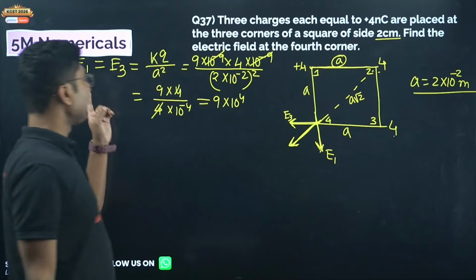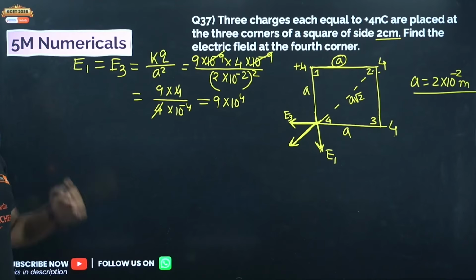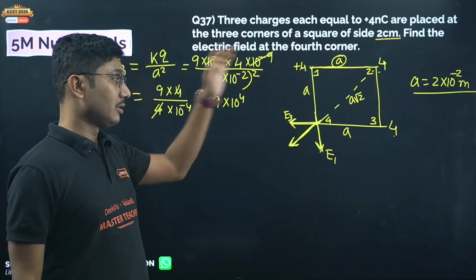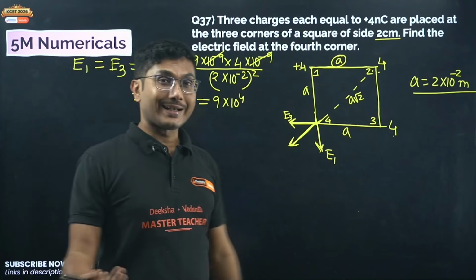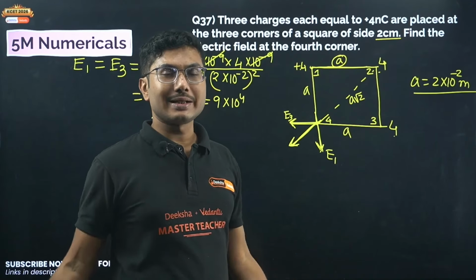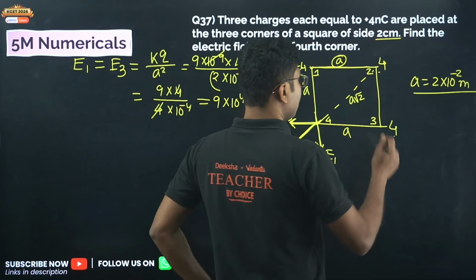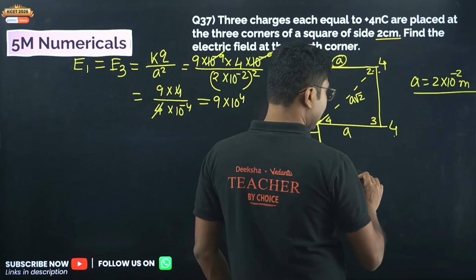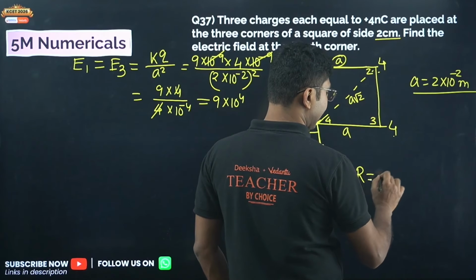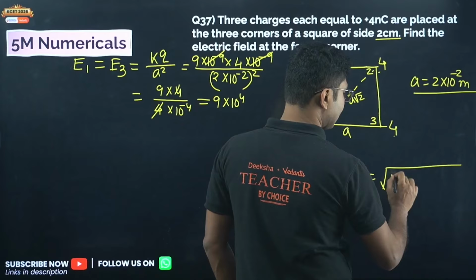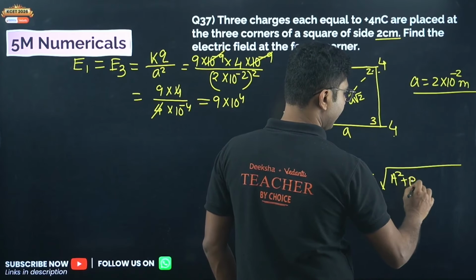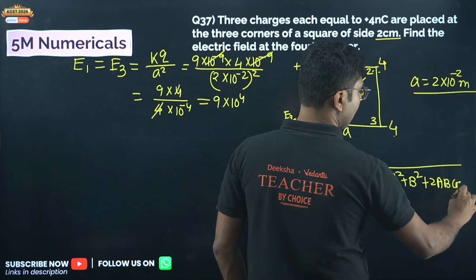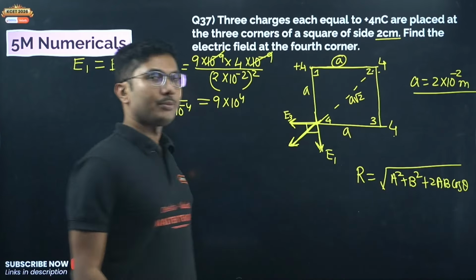Now magnitude wise both of them are same value. So what is the resultant of these two vectors? When two vectors have same magnitude, what is the resultant? The angle between them is given as 90 degrees. We know that resultant of two vectors A and B is given by the square root of A square plus B square plus 2AB cos theta. We have learned that in our PU1.